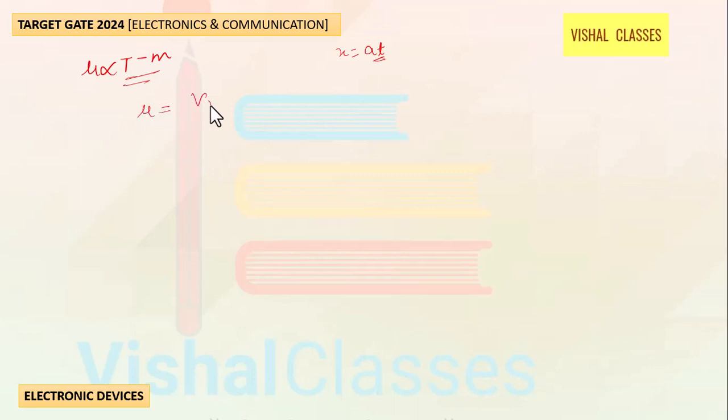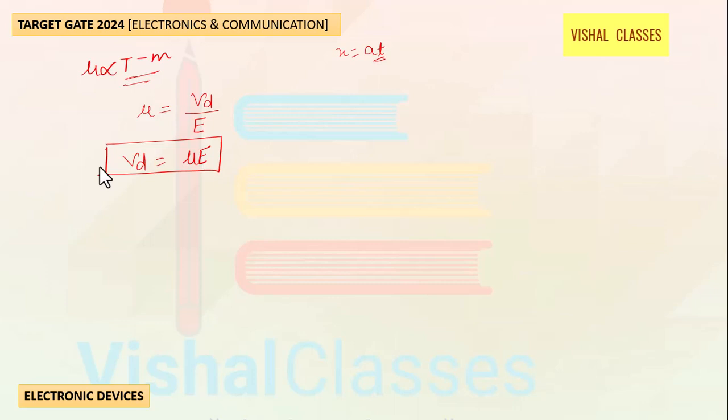Mu is equal to drift velocity upon electric field, so Vd is equal to mobility into electric field. This drift velocity formula you will write in your formula notebook. Okay.